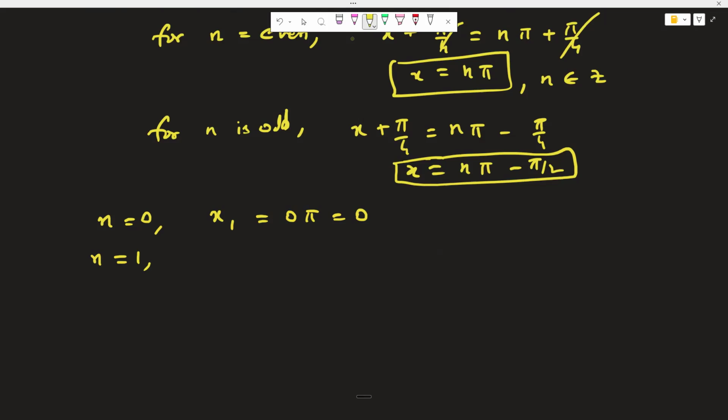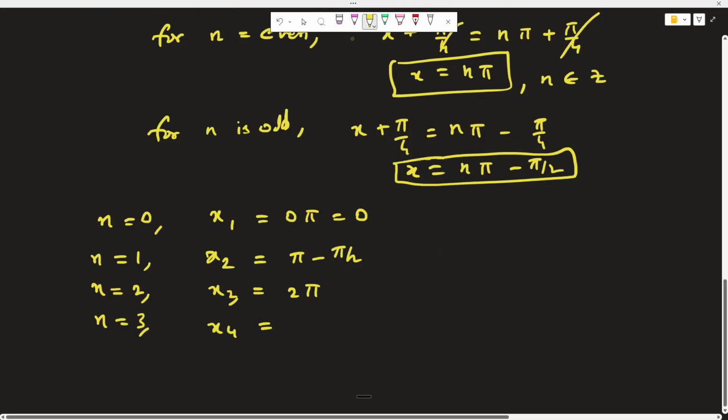If n is equal to 1, it is odd, so x2 is equal to pi minus pi by 2. For n is equal to 2, which is even, x3 is equal to 2 pi. And for n is equal to 3, x4 is 3 pi minus pi by 2.